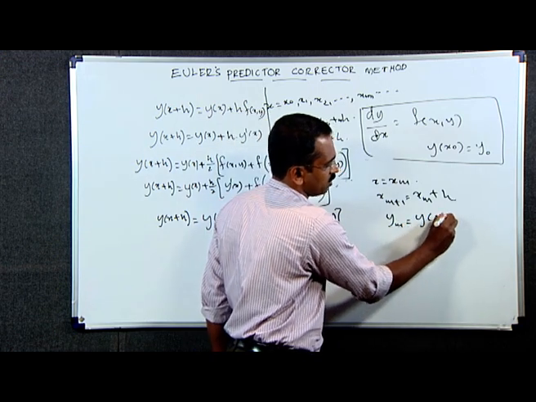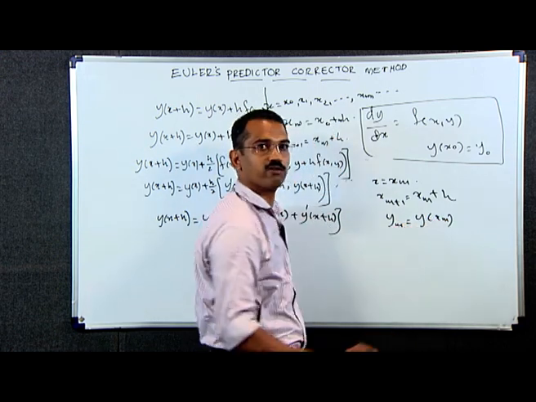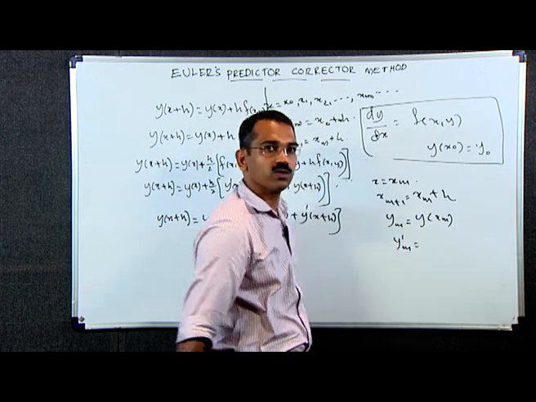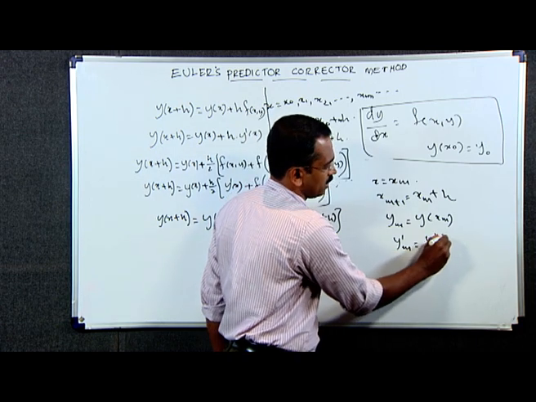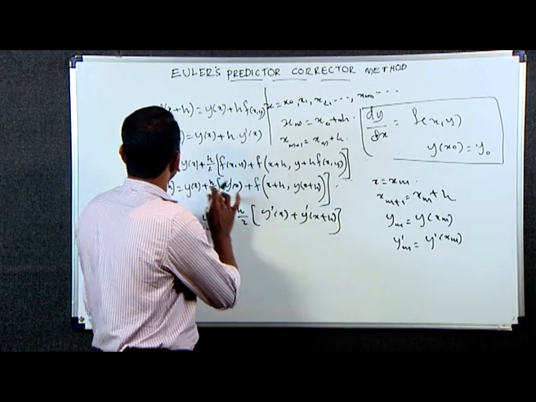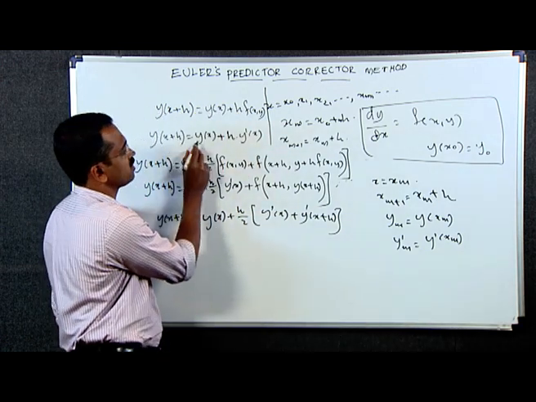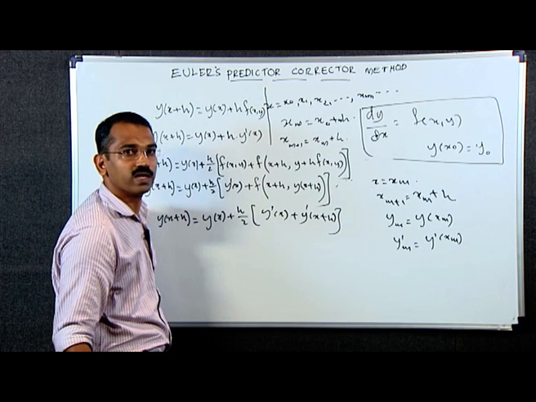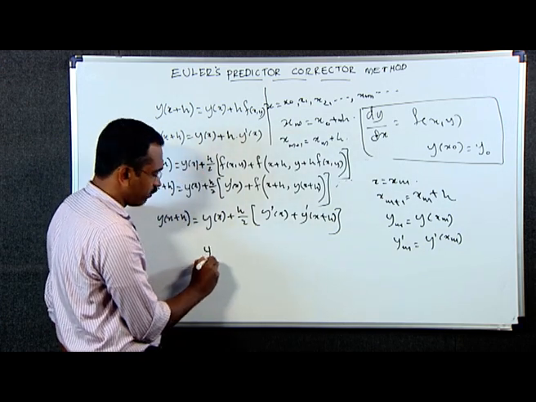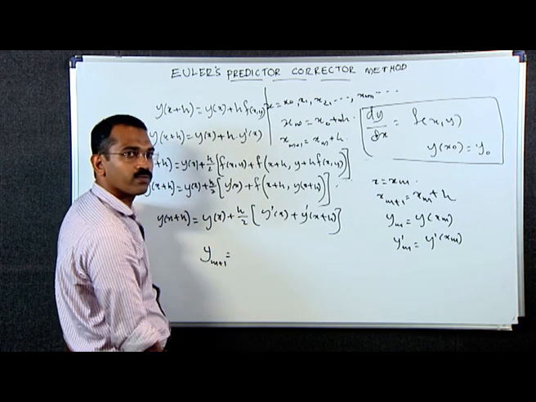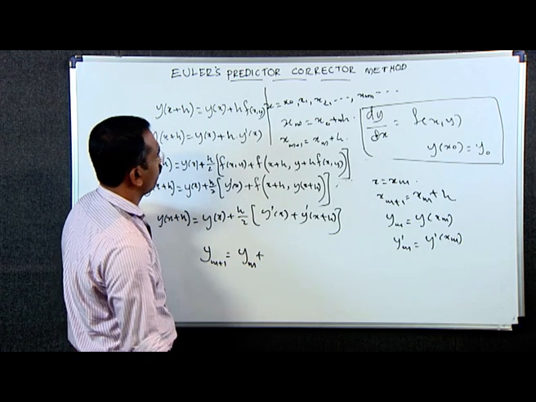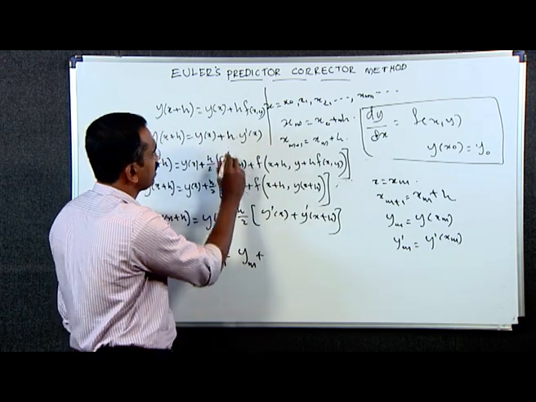We use this notation y_m for y(x_m) and y'_m for y' at x_m. Therefore, we can write y(x+h) = y(x) + h y'(x) as y_{m+1} = y_m + h y'_m.